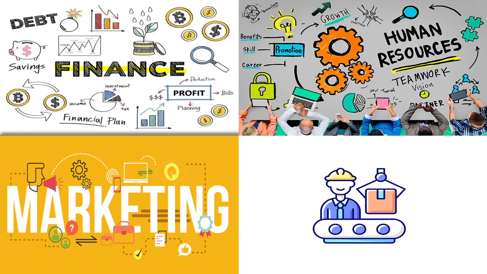Human resources, which deals with the benefits of hiring employees, promotion, careers, teamwork, and so on. The department of marketing, which deals with sales of goods and services. And finally, the operations department, which deals with the daily operations of production of goods and services.